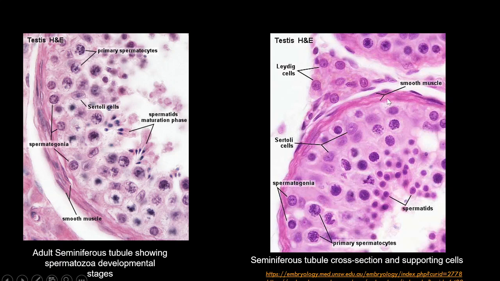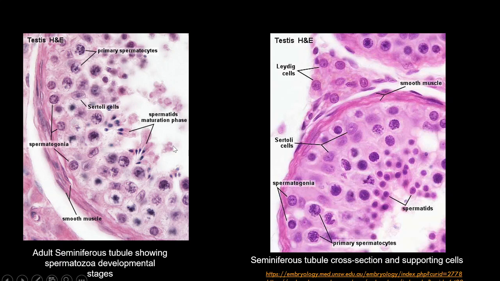Now when we look at one seminiferous tubule, you will see at the boundary there is present the germinal epithelium having the spermatogonia or sperm mother cells. Below them are present primary spermatocytes. Below them are present the secondary spermatocytes, and then you have the spermatids.